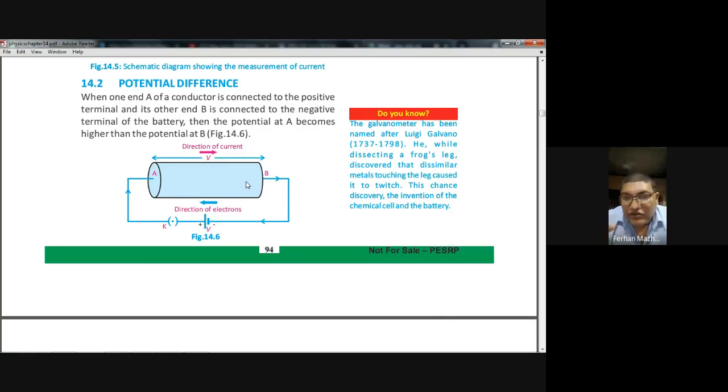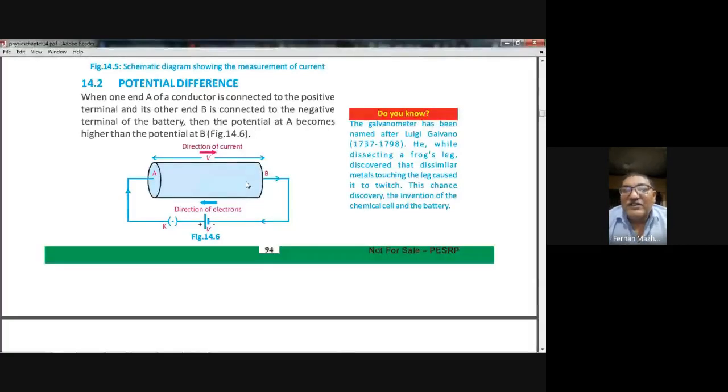For example, in the small batteries which you normally put in wall clocks and toys, the voltage is 1.5 volt. So they have 1.5 joule per unit charge, per coulomb. But household electricity has 220 volt. So that's quite high energy.